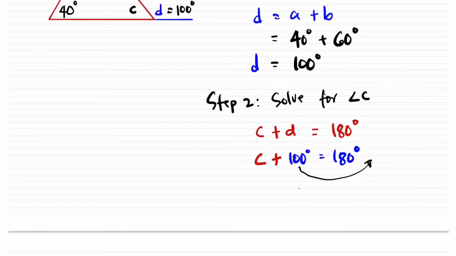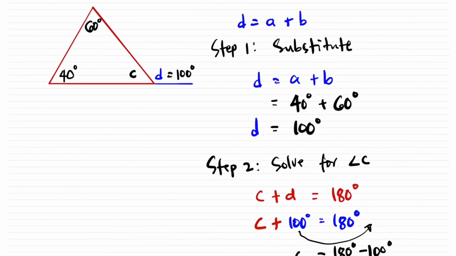So C is equal to 180 degrees minus 100 degrees. C is equal to 80 degrees. So our angle C here is equal to 80 degrees. So our solution is now complete.